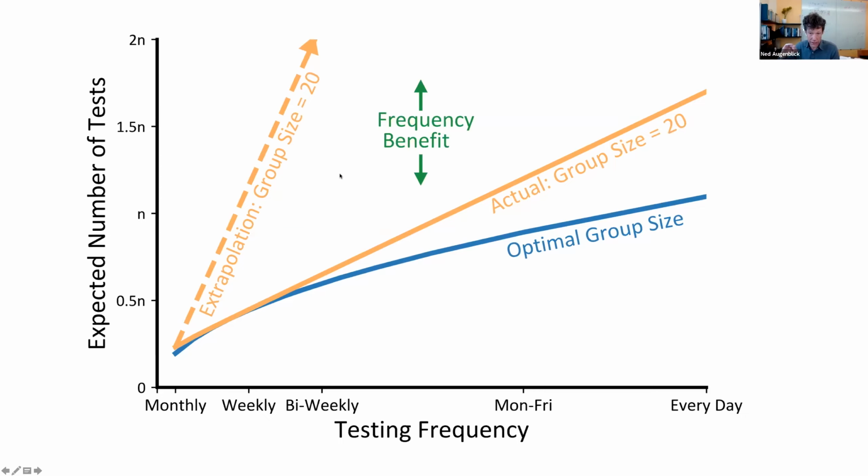That would lead you to think that testing is very expensive as you increase frequency. But the reality is that it's much, much cheaper. And that's what shows in these concave orange and blue lines. A key point again is, yeah, you can do optimal group size and get cheaper, but really the most important part is that higher frequency leads to lower prevalence, which leads to more efficient testing.